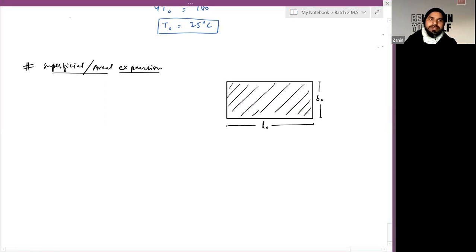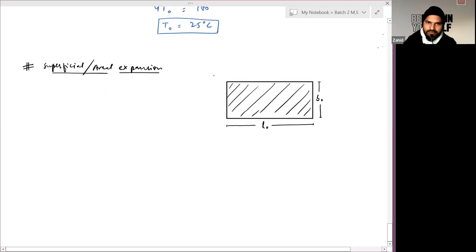On increasing temperature, expansion of this object will be uniform along all sides. So length will increase and correspondingly breadth will also increase. In general, its area will expand. So final length will become L and final breadth will become B.